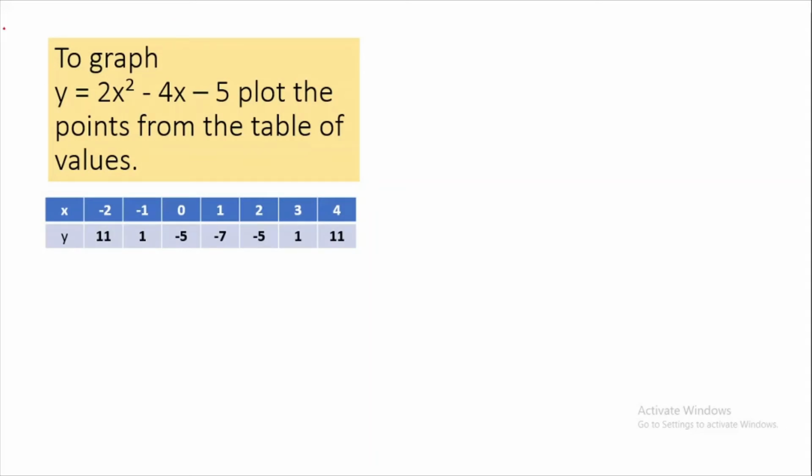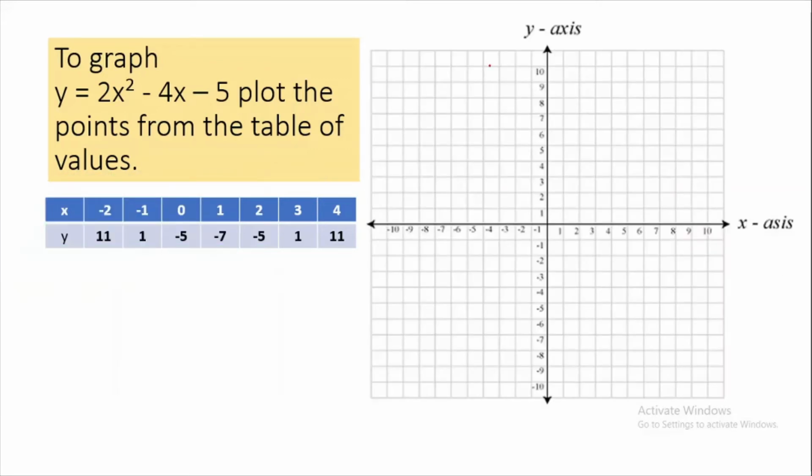Again, we have this table that we made earlier. We need to take these values and plot them on our Cartesian plane. Let's plot (-2, 11).